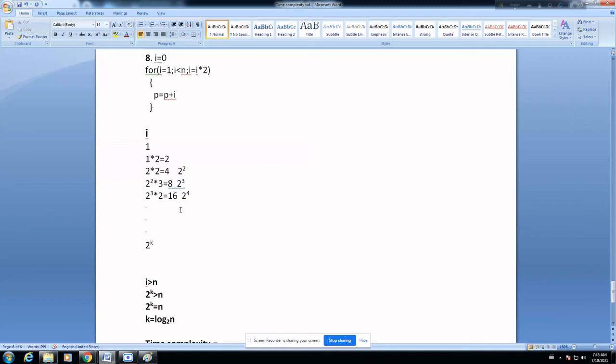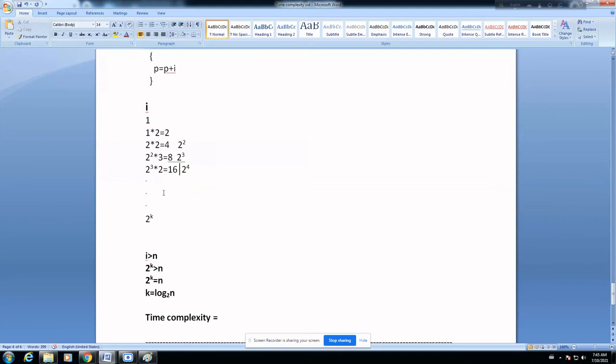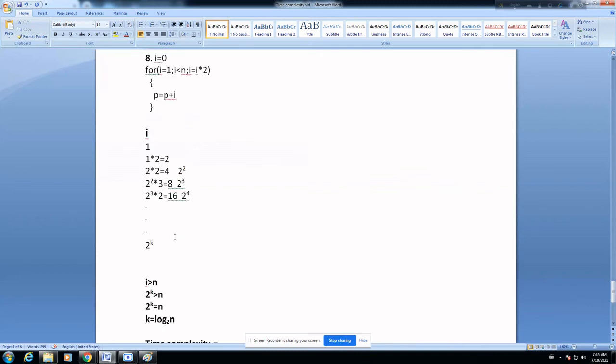If I keep multiplying, how many times does it go? It goes up to 2 to the power k. As we don't know how many times it will execute, we assume that it will execute up to k times. So this one is 2 to the power 2, 2 to the power 3, and then dot dot dot up to 2 to the power k.